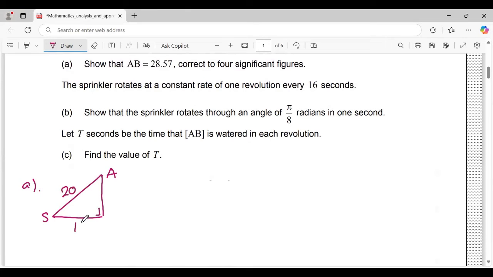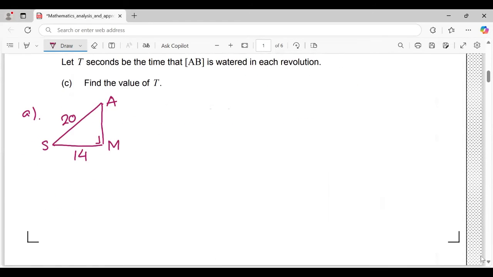If this point is M, we can determine AM through Pythagoras.